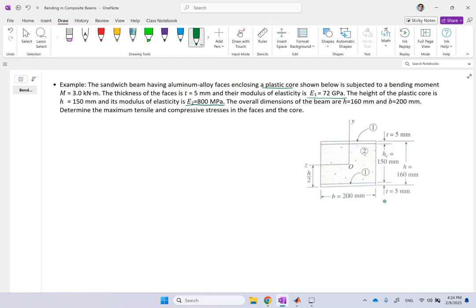The thickness of the plastic core, the height of the plastic core and the height of the aluminum plates are given. The width of the cross section is given, and the moment that the beam is undergoing is a uniform bending moment, and it's 3 kilonewton meters. So here we assume it's uniform bending.